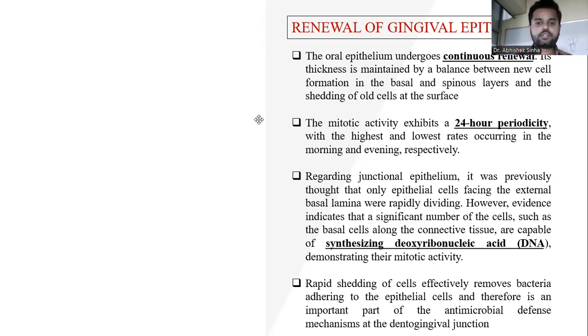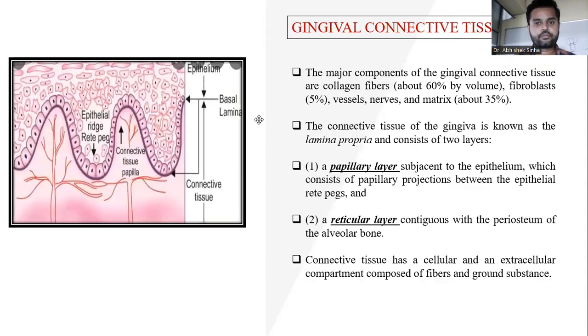Rapid shedding of the cells effectively removes bacteria also, which are adherent to the epithelial cells, and therefore is an important part of the antimicrobial defense mechanisms of the dentogingival junction.